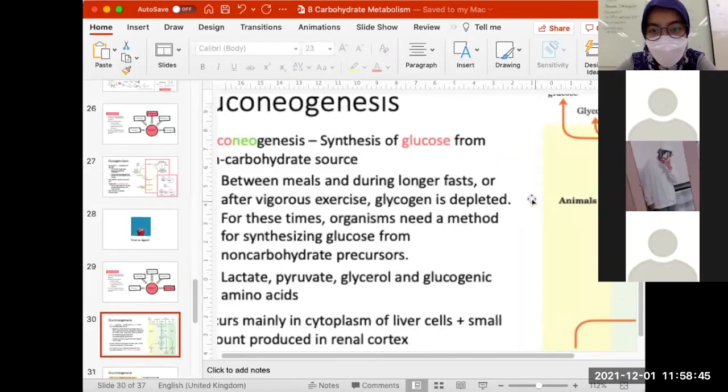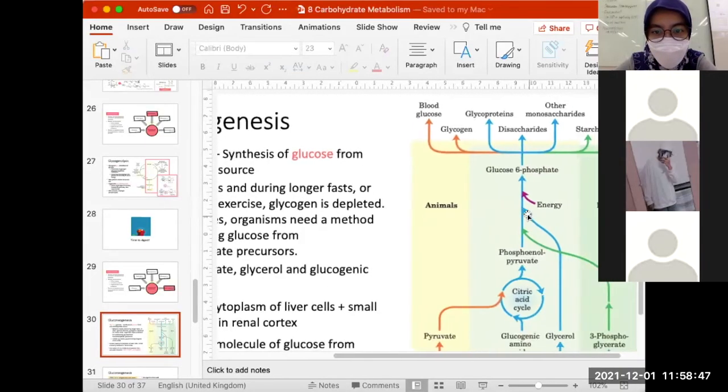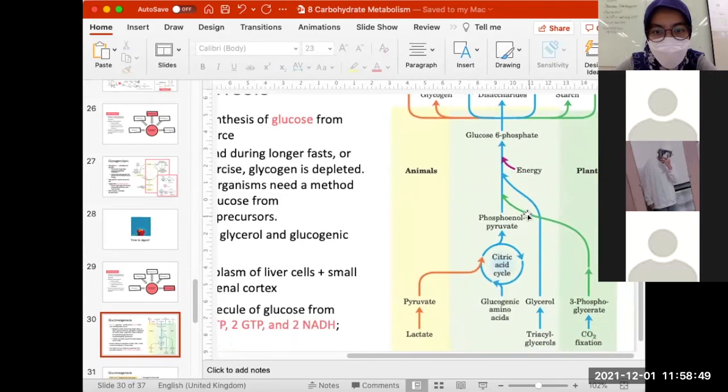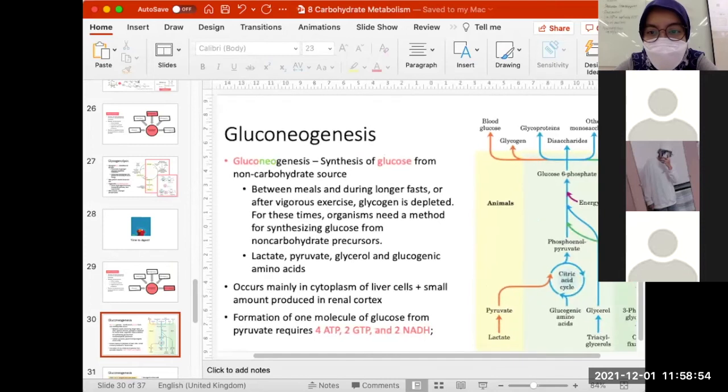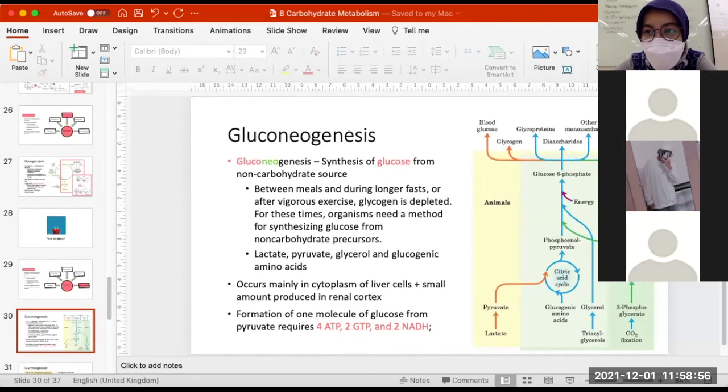Let me zoom into this. Okay, so if you observe this diagram, there's an overlapping pathway.